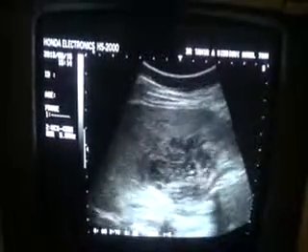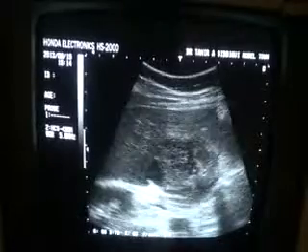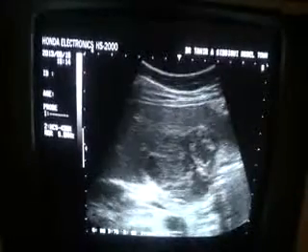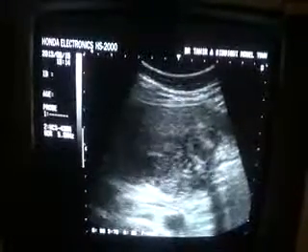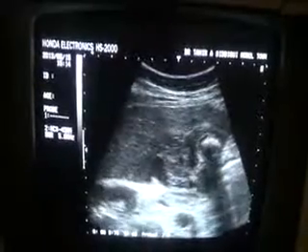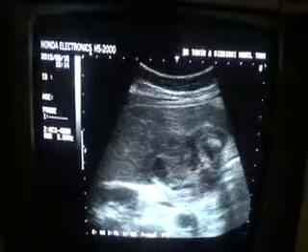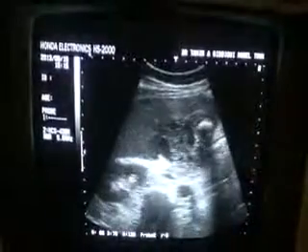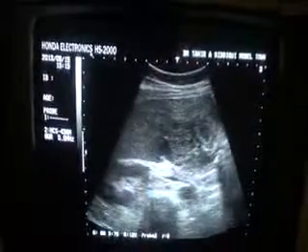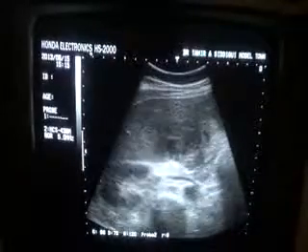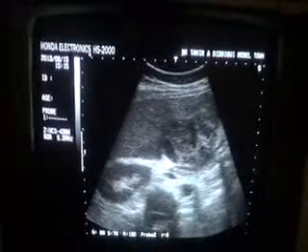Here we see, now this is the transverse section of the gallbladder, and you can see the medial extension. And you can see the kidney, the gallbladder.